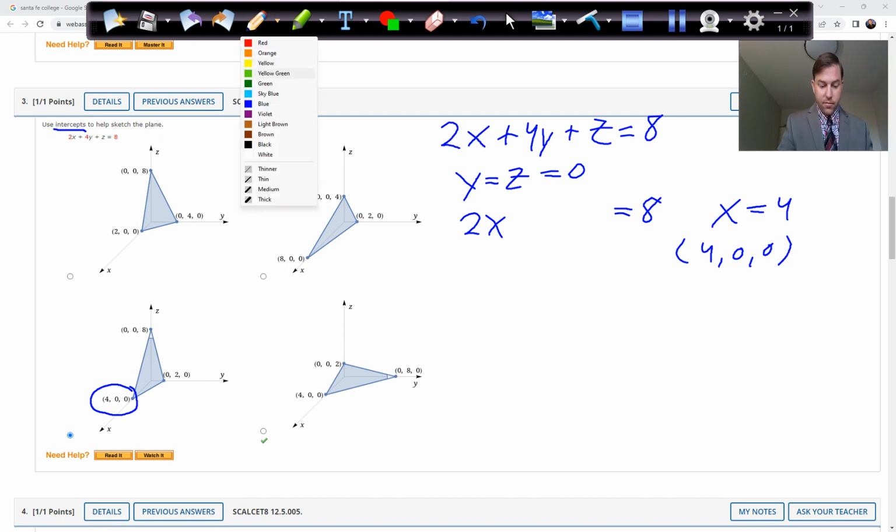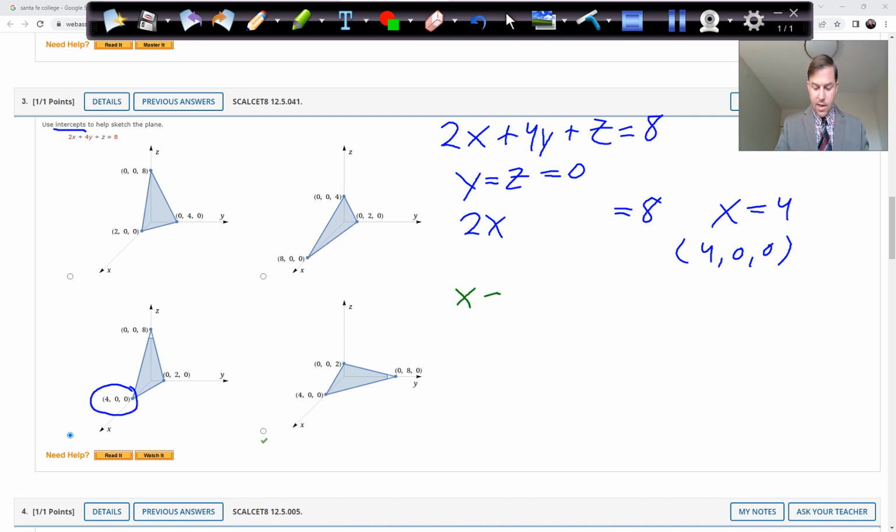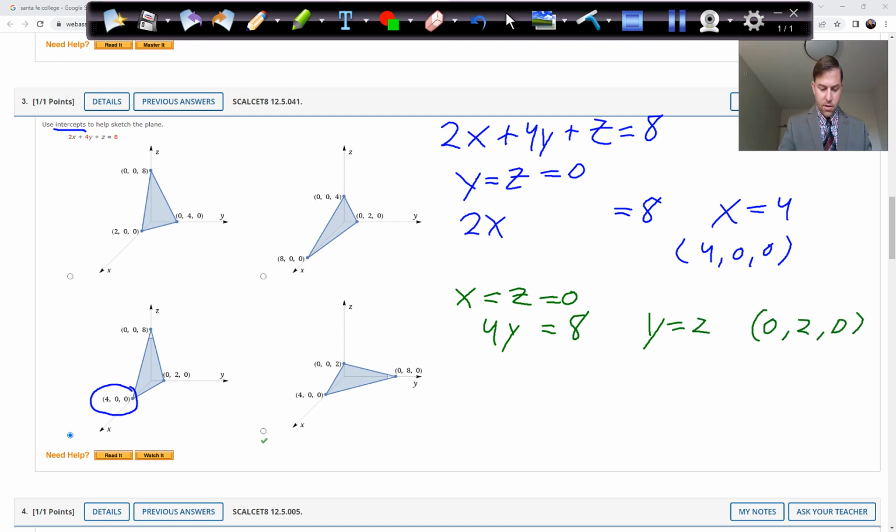Okay, then we're going to let x and z equal 0 to solve for y. So we're going to get 4y equals 8 or y equals 2. So the point would be 0, 2, 0. And that point's right here. So it's 2 in the y.